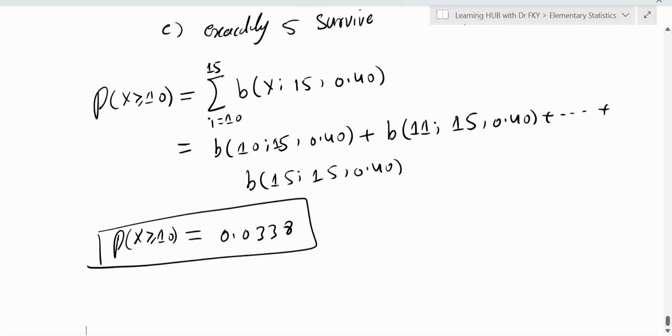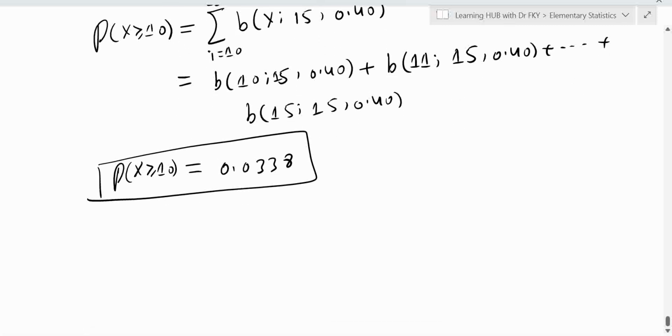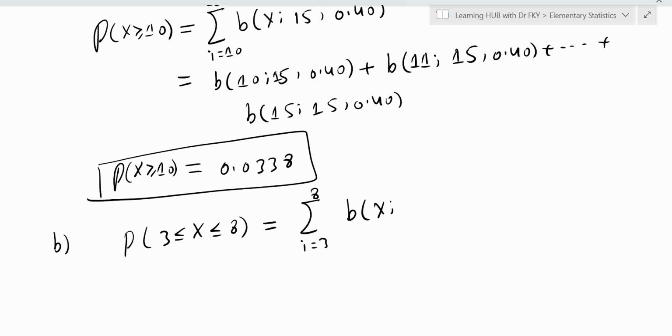Part B. This means that we need the probability that the random variable is greater than or equal to 3 and less than or equal to 8. This means that we can sum i from 3 to 8, binomial random variable, n is 15 and p is 0.40. So now we will start from 3.